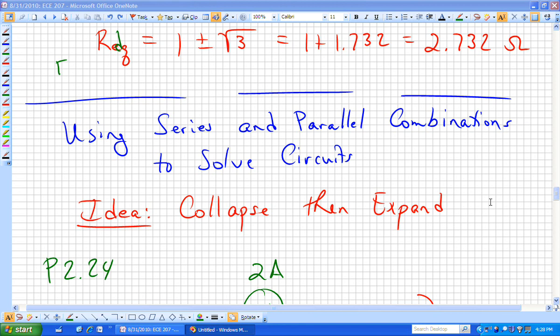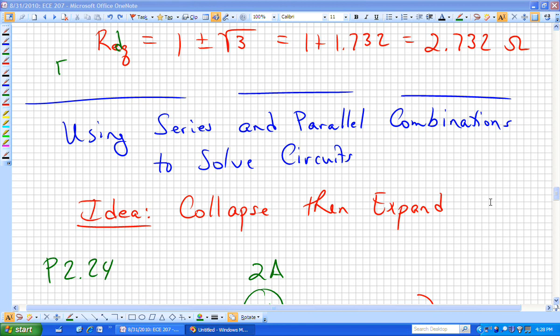How's that? Easier technology. We now want to write our KCL at that node. Here's node 3. Here was node 2, and here was node 1. KCL at 3.